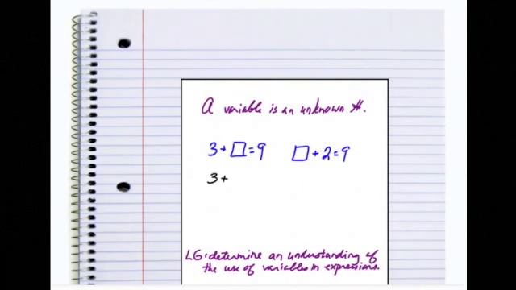So we'll say 3 plus n equals 9, and then x plus 2 equals 9. Now that we have these letters assigned to the missing number, we can actually write in what that letter is equal to. So when 3 is added to n, it equals 9, so n must be 6. And when x is added to 2, it's equal to 9, so x must be 7.